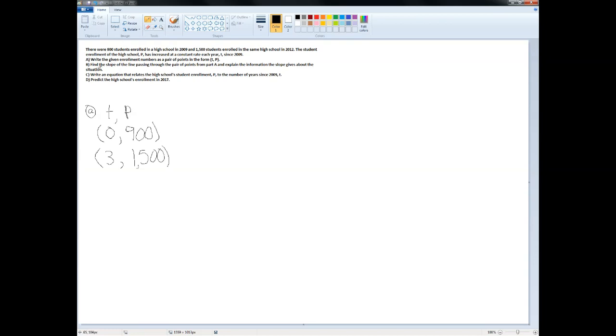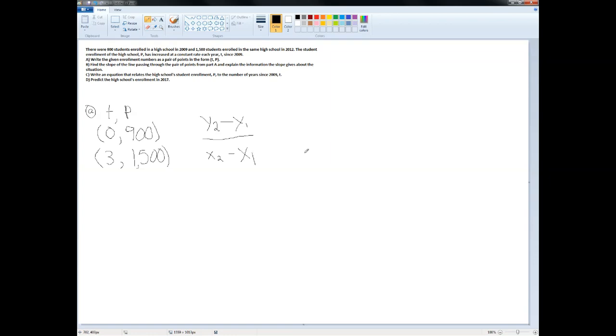The next thing they want you to do is find the slope of the line passing through the pair of ordered points from part A. For this, you're going to use y2 minus y1 over x2 minus x1.